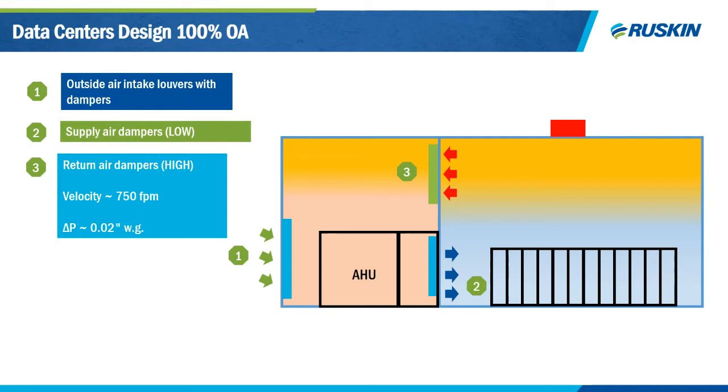You want to make sure that the return is sized so the pressure drop from the data hall back to the inlet of the air handling unit equals the same pressure drop from the ambient outside through the louver and dampers. So it kind of self-balances and helps the test and balance adjust those dampers. What you do not want to do is open the outside air damper 10% and yet not get the majority of the air because you've got a restriction in your return.